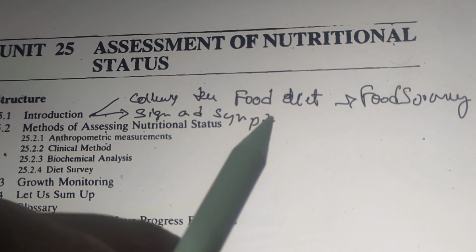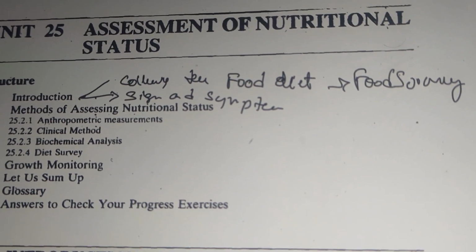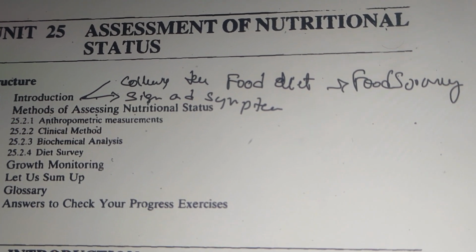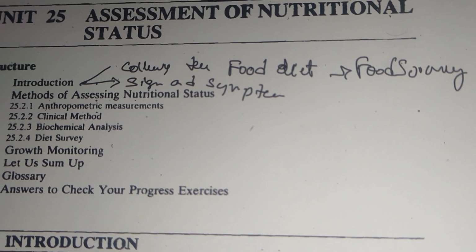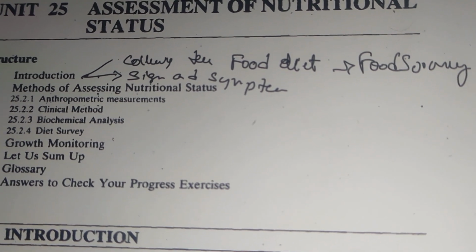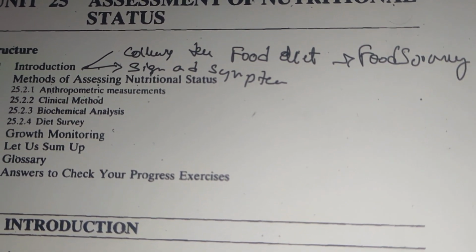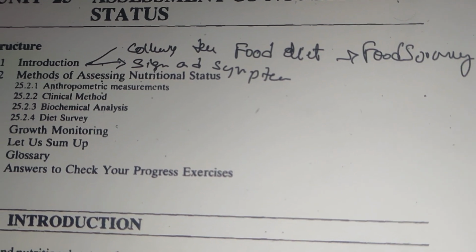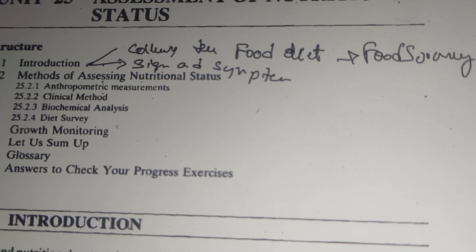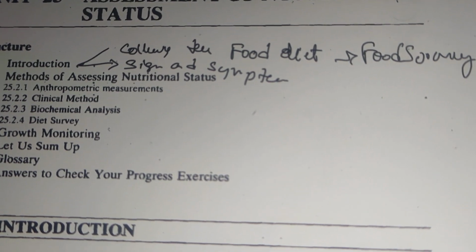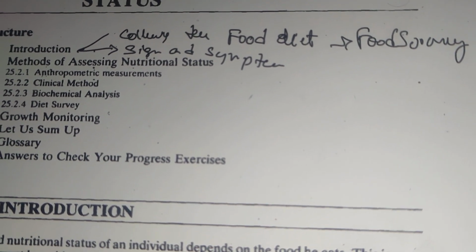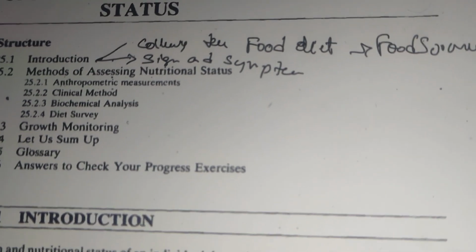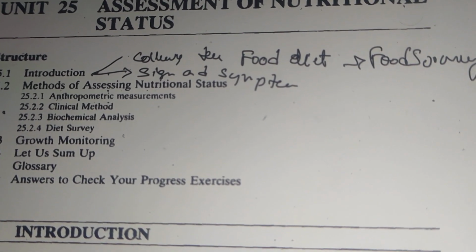Okay, by clinical features, for example by seeing the child itself, you can see whether the child is malnourished, if he is having protein energy malnutrition, marasmus, or kwashiorkor, or iron deficiency, or vitamin A deficiency, by looking at the signs and symptoms of that person.